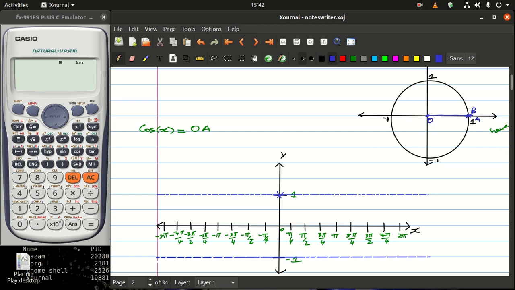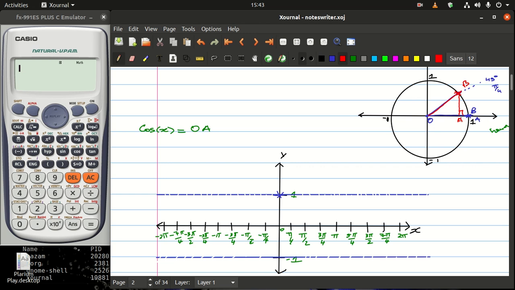Remember that we pick our B now to be there, and then we move like this, such that this point here is 45 degrees or pi over 4 radians. So this is our new B. Let me use a different color there. This is our B, and then we draw a perpendicular line here such that this is going to be our A. Remember that we want to find the length of OA.